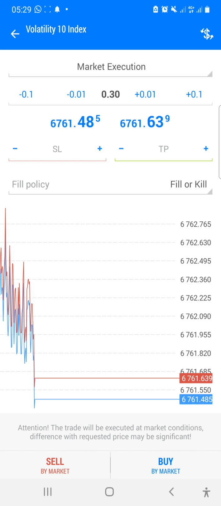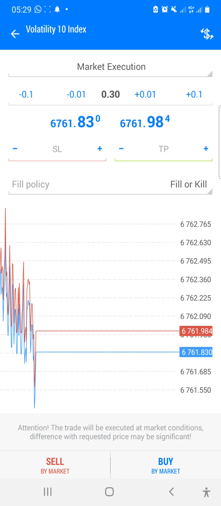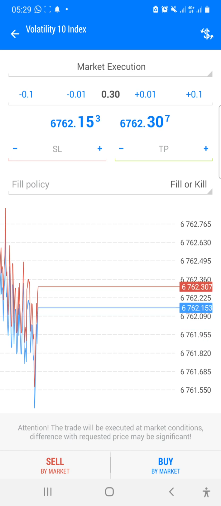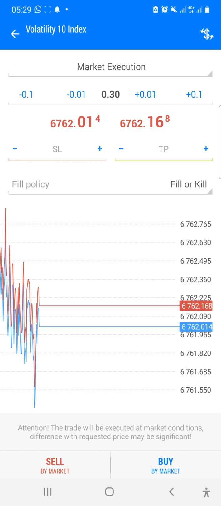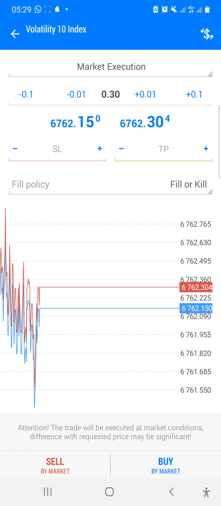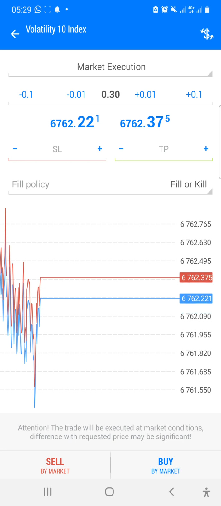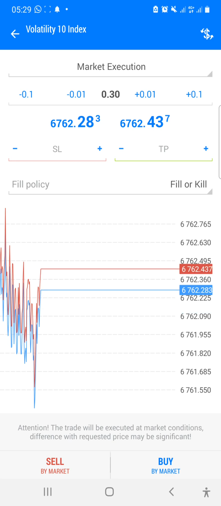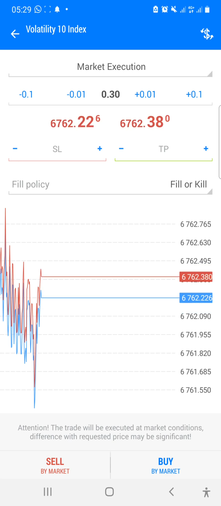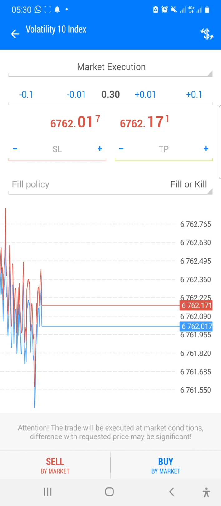So we'll be risking $11 to make $123. Now I said that the least lot size you can use here is 0.3, which means 0.3 represents $3 per pip. So on this particular trade, $3 times 1.1 is what? $3.3.